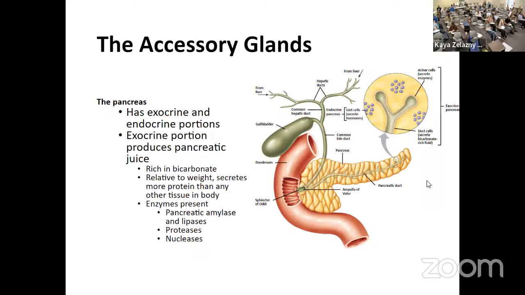When we think about the pancreas, it's going to have both exocrine and endocrine portions. We actually talked about the pancreas before when we were talking about the endocrine functions, right? That's when we were talking about our islets of Langerhans, glucagon and insulin. That's the endocrine function of the pancreas.